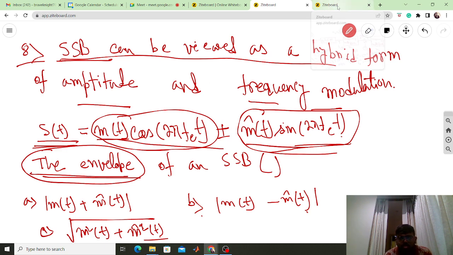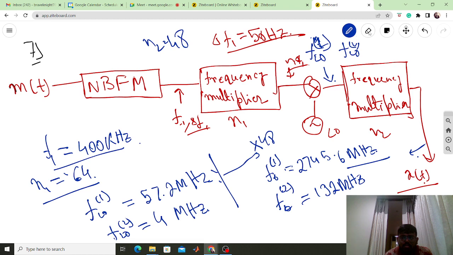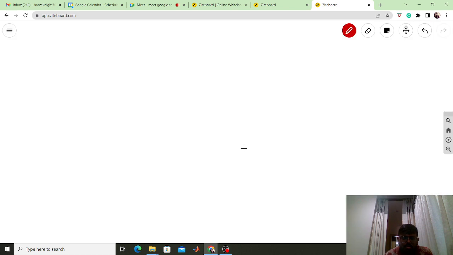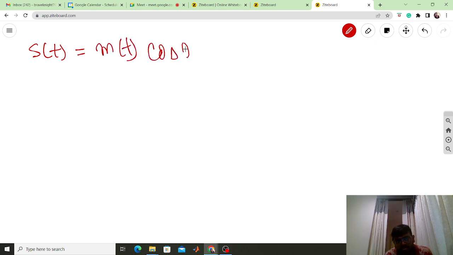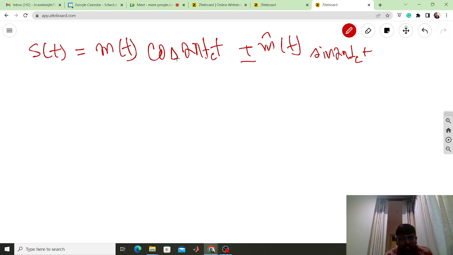You can simply solve it. The signal s of t is m(t) cos 2 pi fct plus m hat of t sin 2 pi fct, and there is a plus minus factor. If we thought of some envelope detector, what happens?